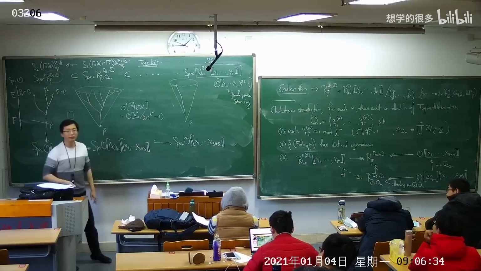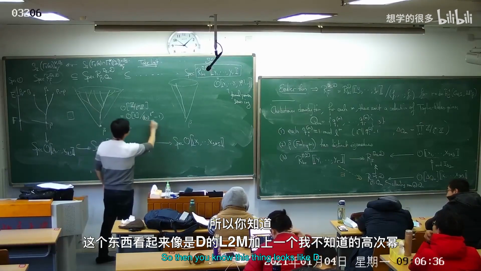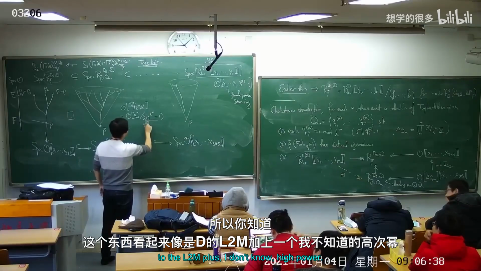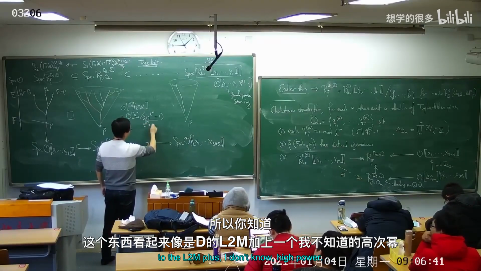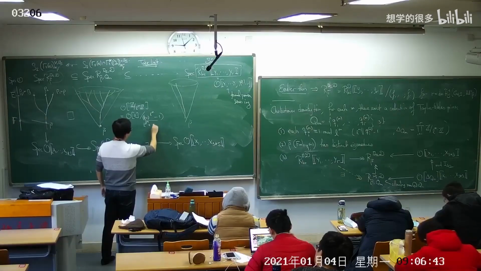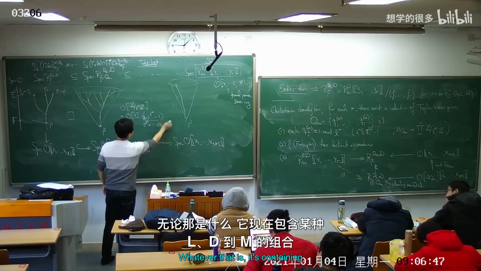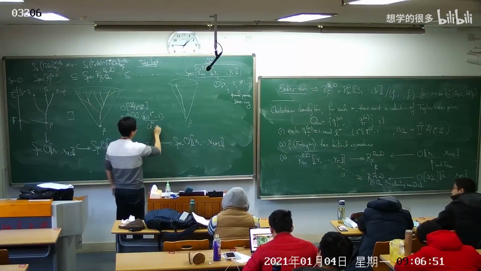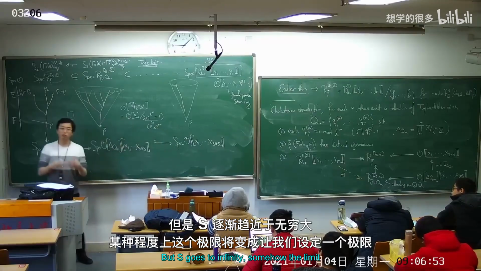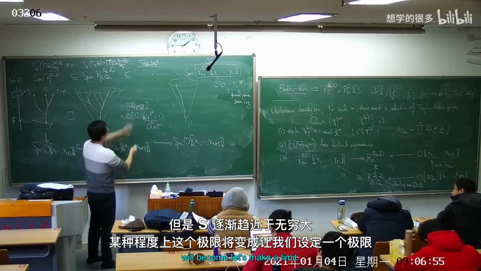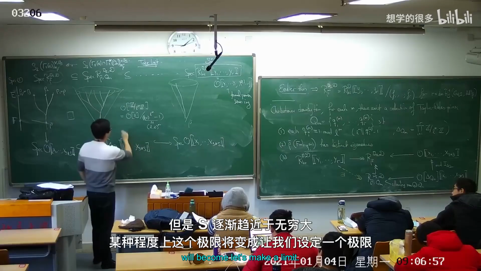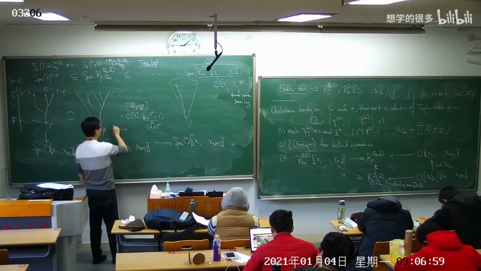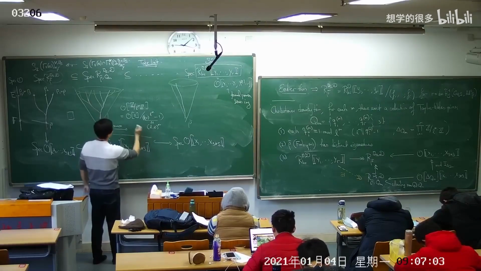Then this thing looks like Z to the L to the M plus some high power. And there's also L times something contained in some sort of L comma Z to the M. But as M goes to infinity, taking the limit, sorry for writing very non-mathematically.